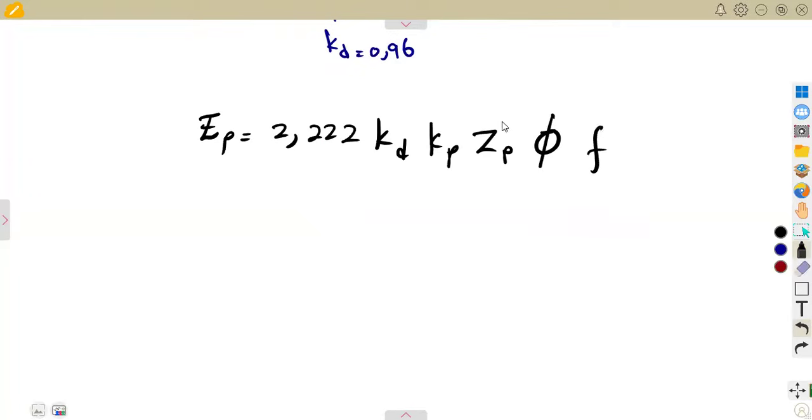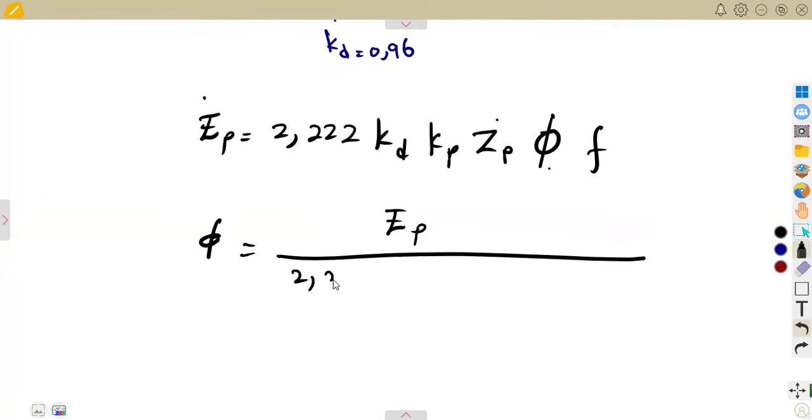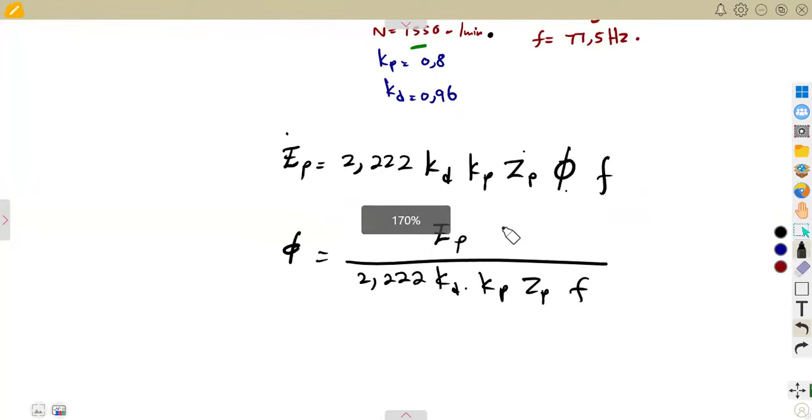So we need the useful flux per pole. We're going to divide EP by everything, which is 2,22 KD KP ZP, then the frequency. So everything we have, and this will give us our answer in Webers.